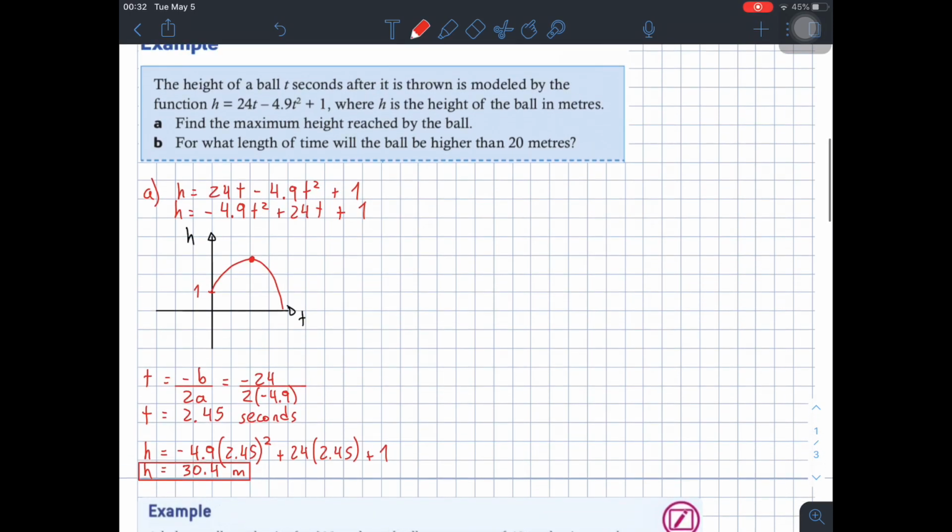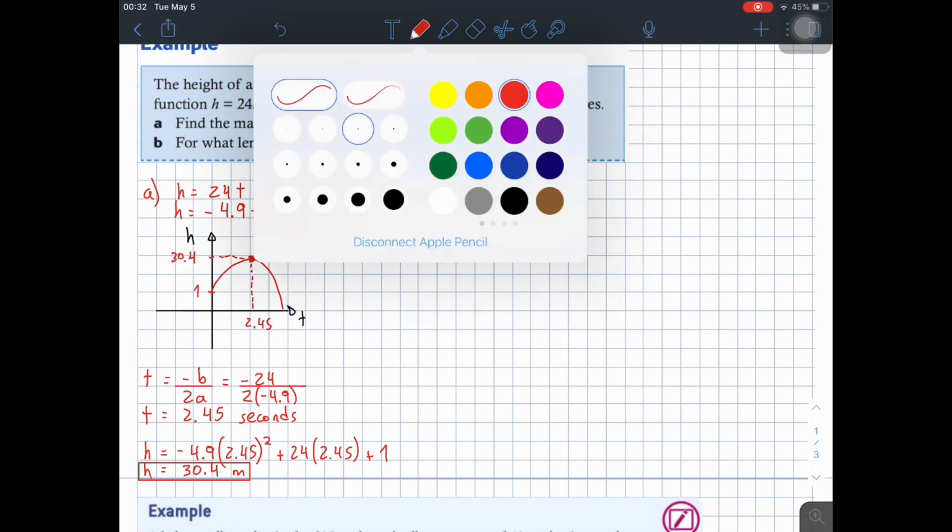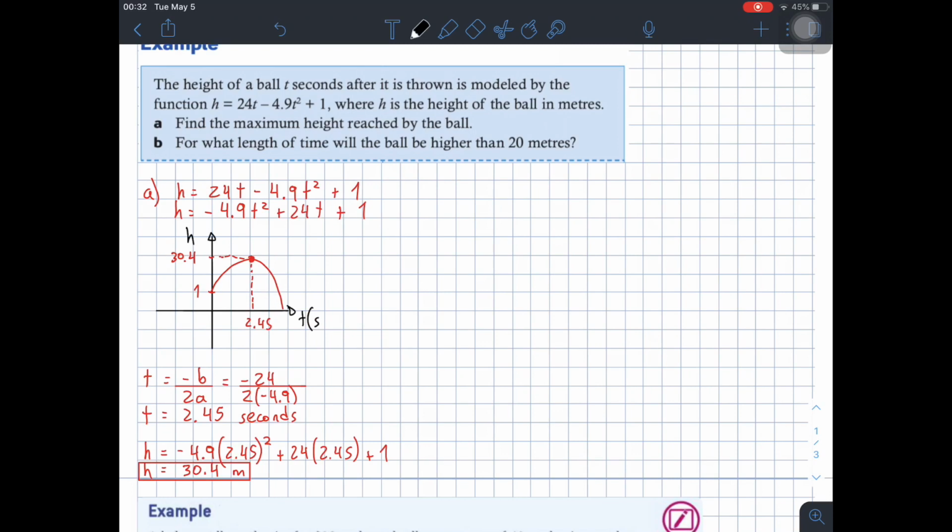So this would be the maximum height of our ball in this case. Okay, so just to clarify, this point is 2.45 and this value here would be 30.4. Remember that time in this case is measured in seconds and height is measured in meters. Okay, then for part B, let me separate this here.